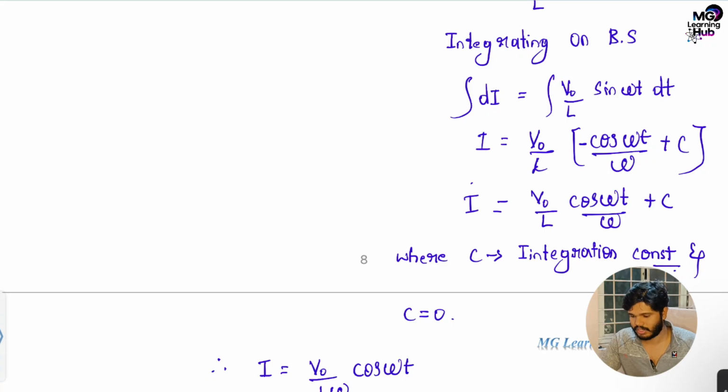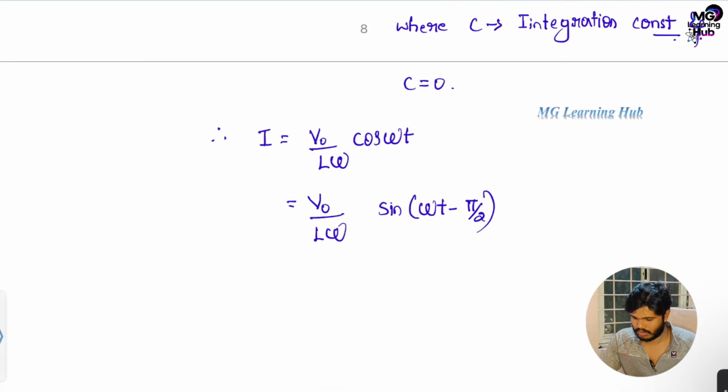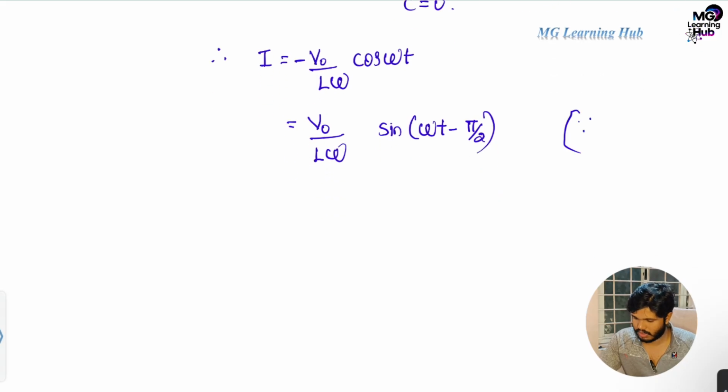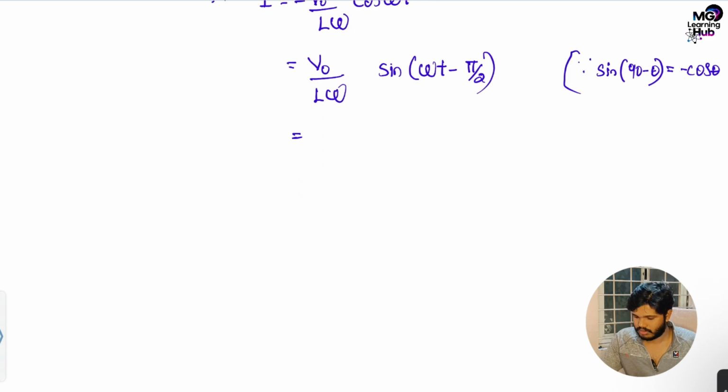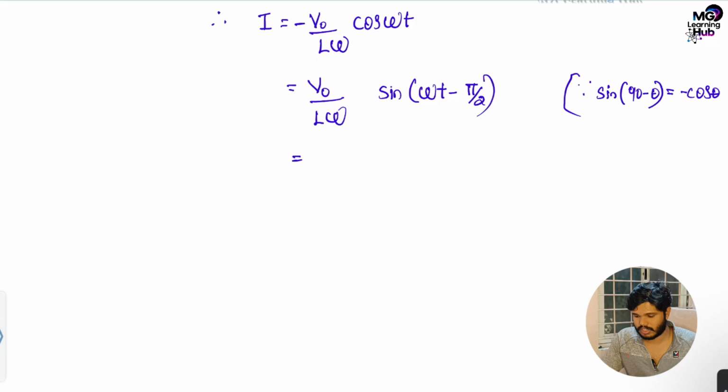So this is minus cos. So what is sine of 90 minus theta? That is equal to minus cos theta. That's why we got this expression. So minus cos theta can be written as sin of 90 minus theta. So this will be V naught by L omega, and the whole term I will write as I naught sin omega t minus pi by 2.